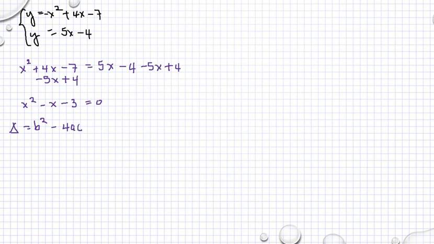But I guess I did something wrong here. We have negative x squared there. Substituting, we have negative 1 for b, squared, minus 4 times a, which is negative 1 also, and c is negative 3. Then we will see that we have 1 minus 12, which is less than 0. That means we have no point of intersection.